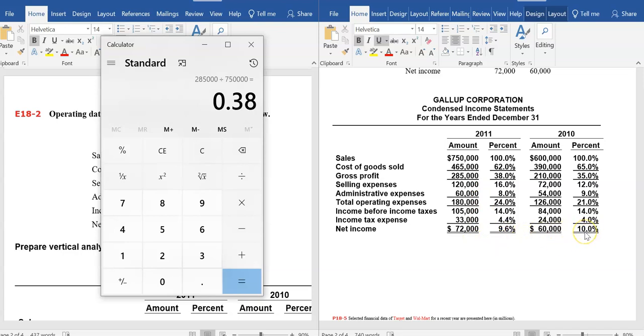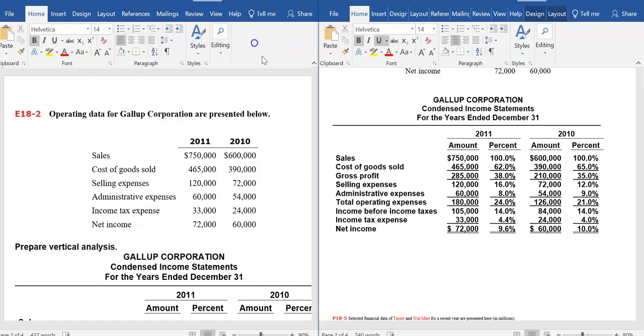In 2010, we had a slightly higher profit for every sales dollar than we did in 2011. Okay, so this just helps us direct our attention to where we might need to look at things that are wrong, or maybe where things are going well, or investors might be able to use this to help them analyze how the company is doing financially.